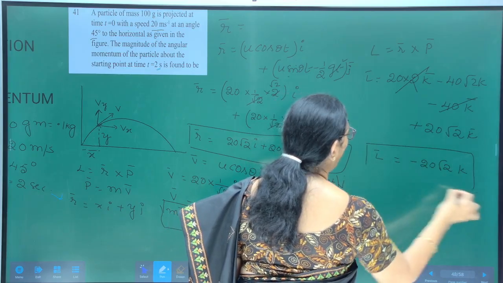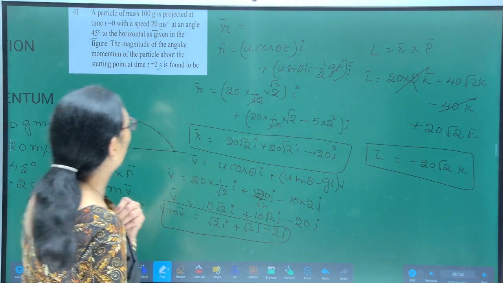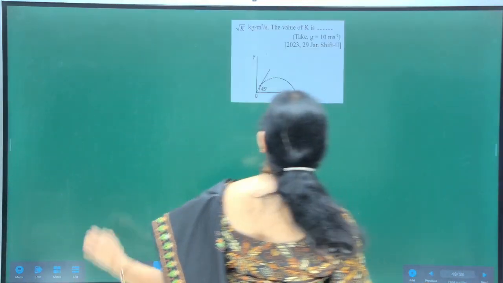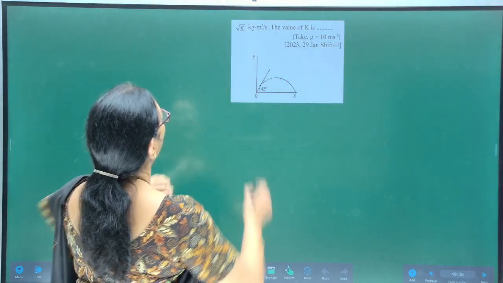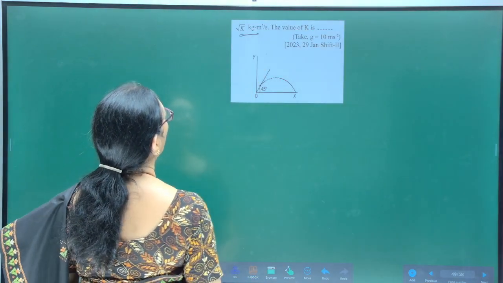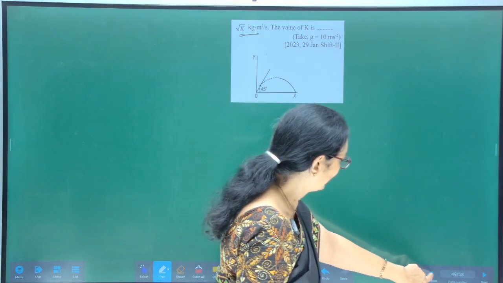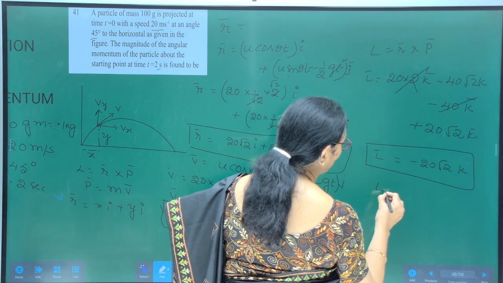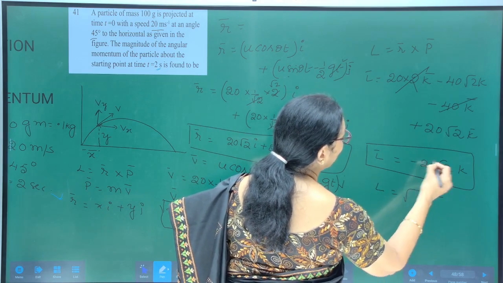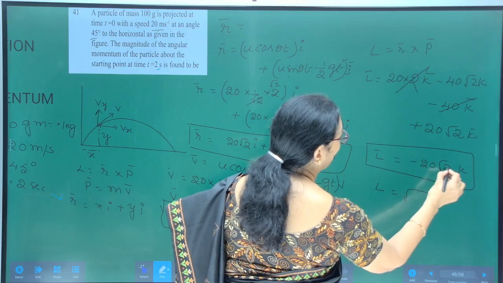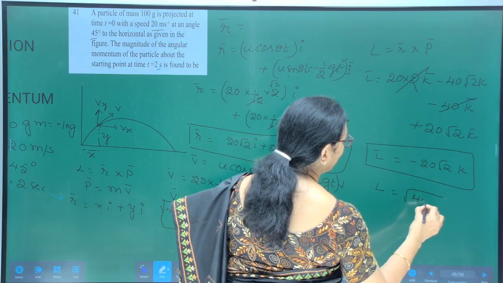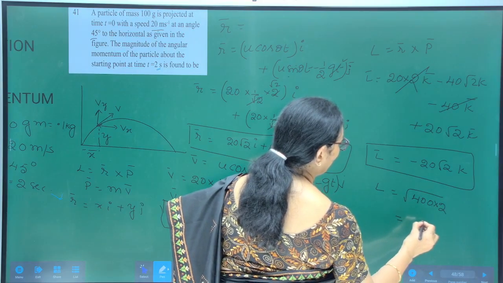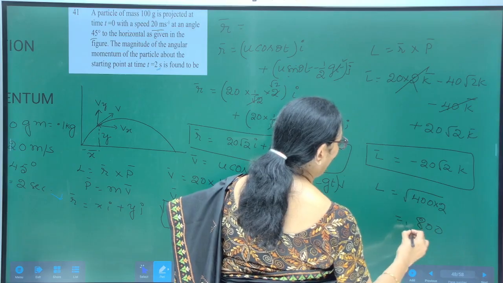This is the answer we got, but they have given it in some other way. Option is on the other page. Look here, it is given as root k kg meter per second square. So if you take the magnitude of L, under the square root it becomes 20 square, that is 400 into 2, that is 800 under root.